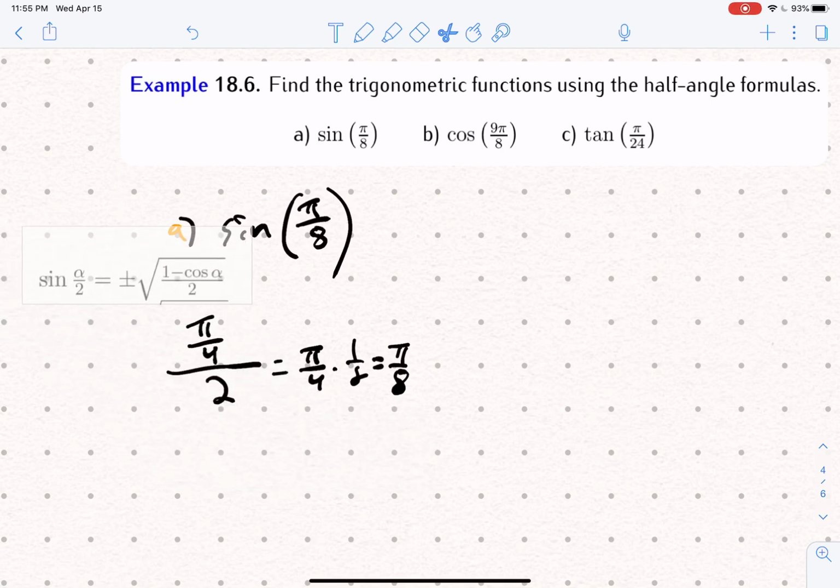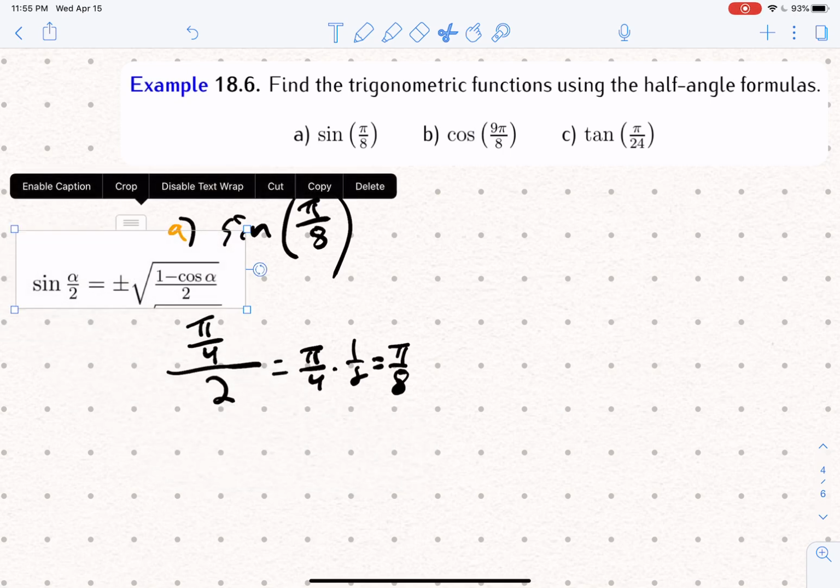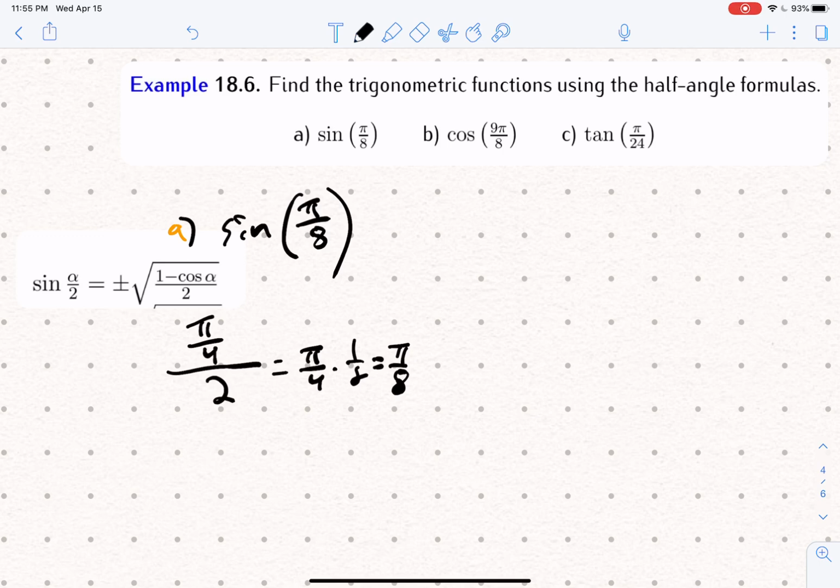I'll just stick that off to the side where we can refer to it. And sine of pi over 8, we're going to just rewrite that as sine of pi over 4 over 2. So when you look at the formula, the alpha over 2, the alpha is pi over 4. And when we plug in for alpha here, the alpha we're going to plug in is pi over 4.